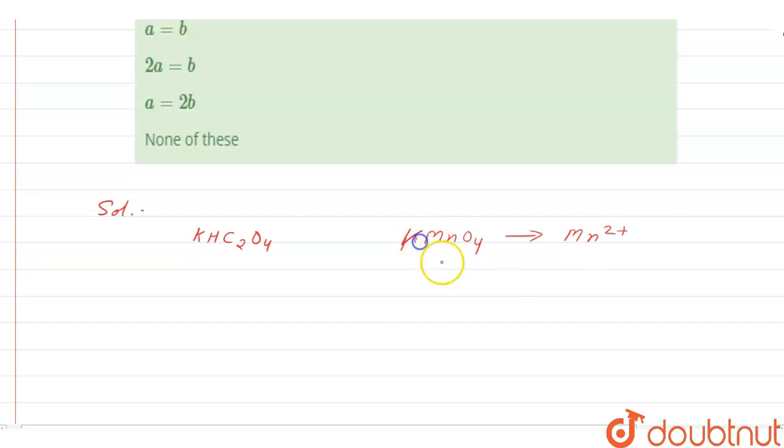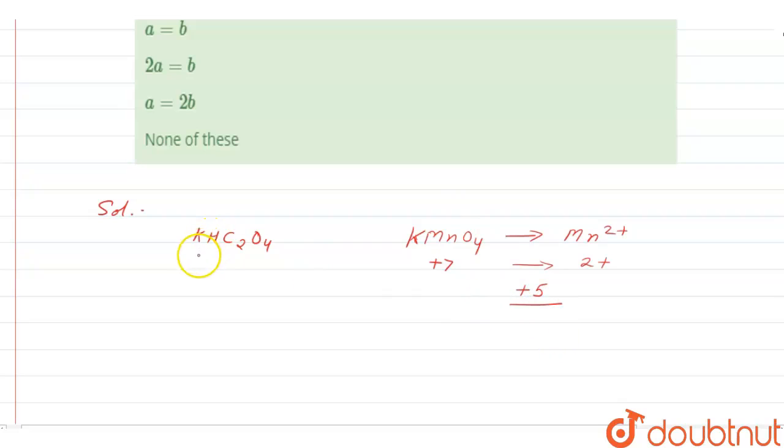In KMnO4, the Mn has oxidation state +7, and it is getting converted to +2 oxidation state during the reaction. So we can say there is an overall change of 5 units.